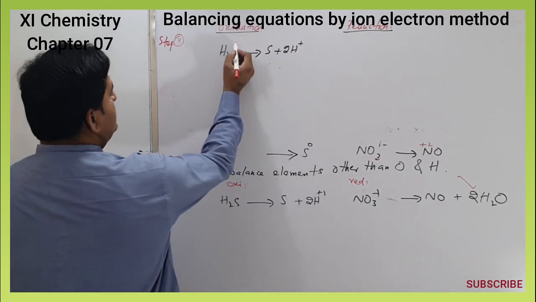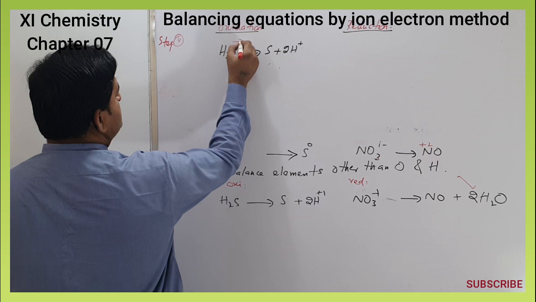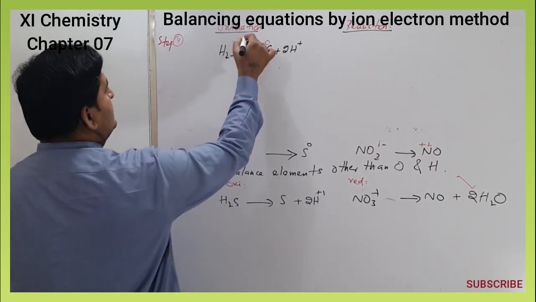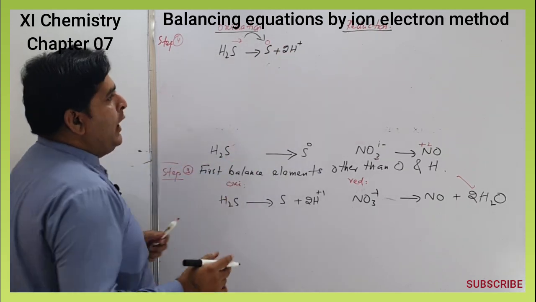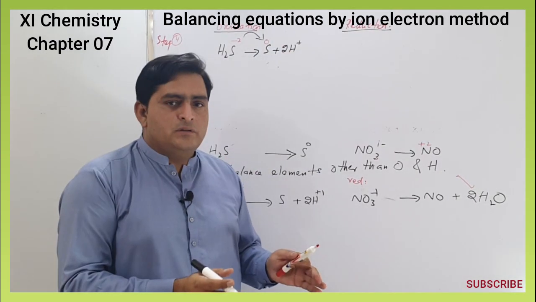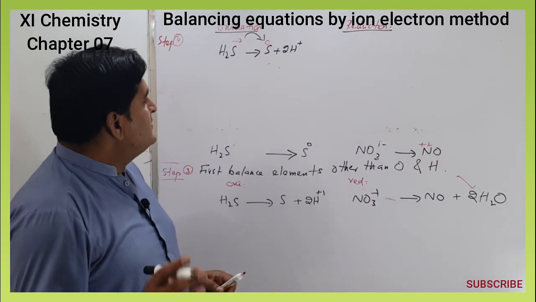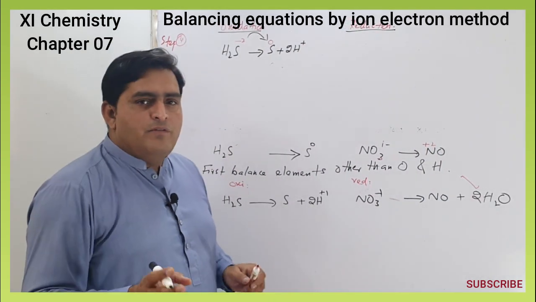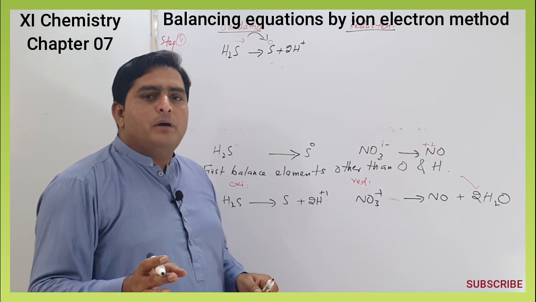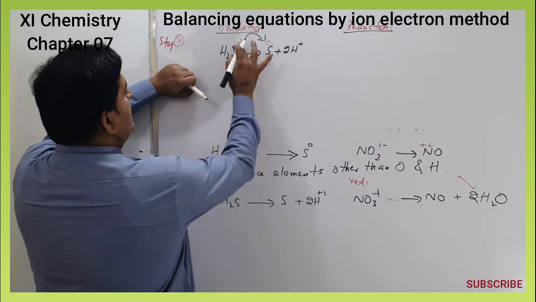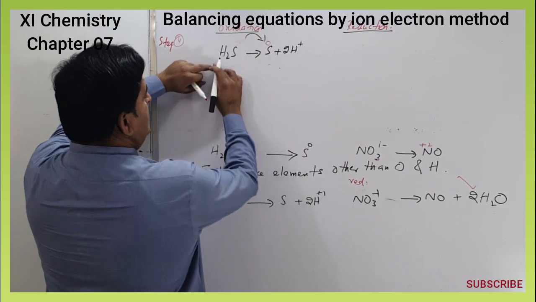So here sulfur was -2, here sulfur is 0. The change in oxidation number determines how many electrons should be added, and to which side. Electrons are added to the side which has more positive charges. For example, here it is 0, it is 0. All elements are 0.